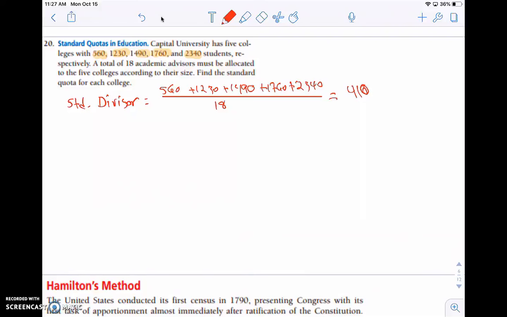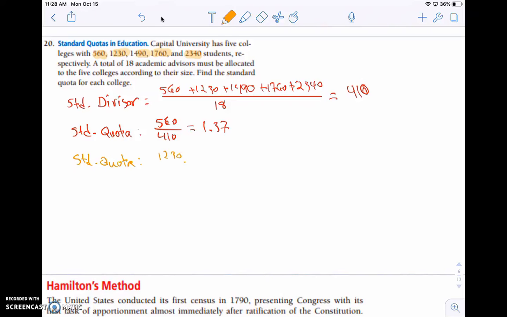And now we need to find the standard quotas for each college. So the first college, you take 560, divide it by the standard divisor of 410, and you get about 1.37. Okay, the next college, and we don't have names for these colleges, so I'll just do them in different colors.